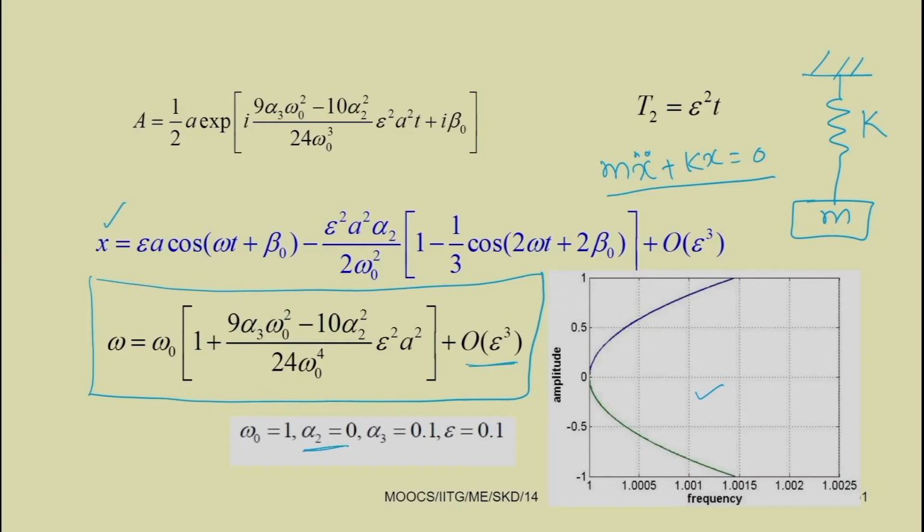So the response of this system can be only the first term, that is a cos omega t plus beta 0, either a cos omega t or a sin omega t plus beta 0, where a and beta 0 are constants which can be obtained from the initial conditions.